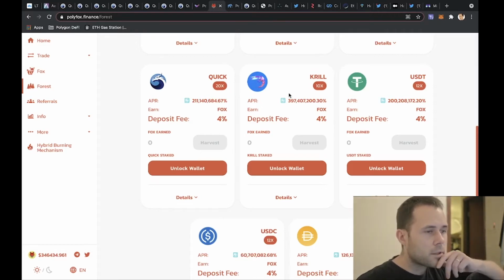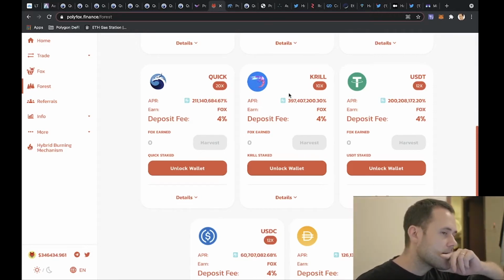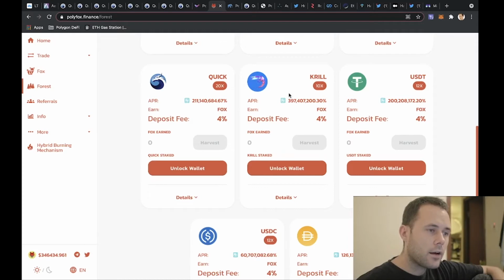I don't know if that was the best strategy in hindsight. Looking at it, the best one would have been to get into BNB and Cake, and using Pancake Bunny, getting like 300% APR constantly, and the token's got a massive use case because it's used on all the farms.